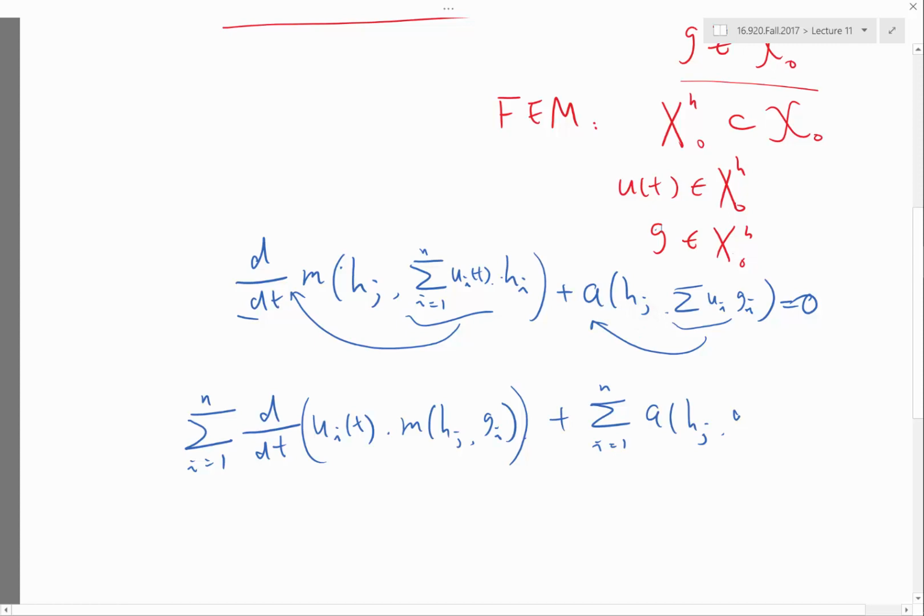If we use the Galerkin method, the basis we use to expand the solution is the same as the basis we use to represent the test functions. So this is h, this is also h, and this is equal to 0.